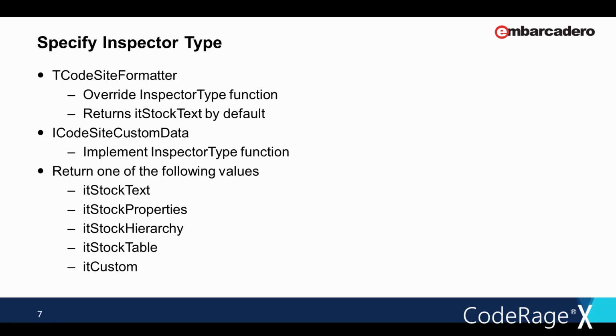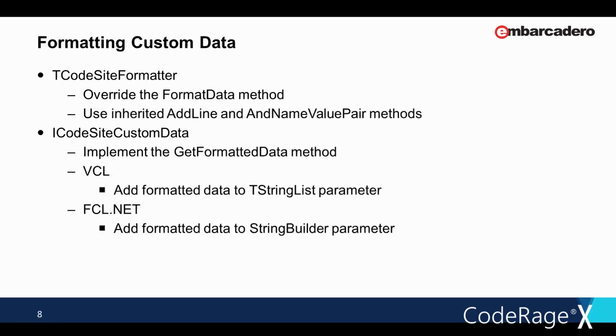So the inspector type, the default for the CodeSite formatter is stock text, meaning it's just a text display, however you want that to appear. You can override the inspector type function to return one of the following values: stock text, properties, hierarchy, table, or custom if it is indeed a pure custom inspector.